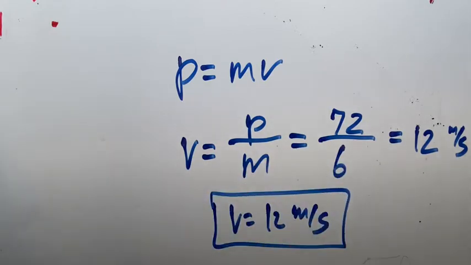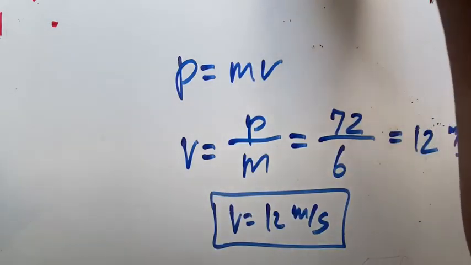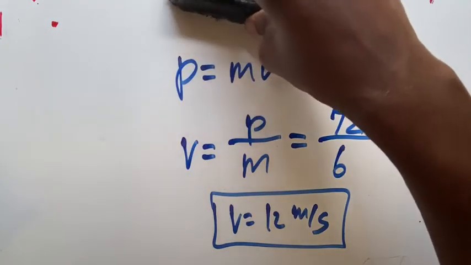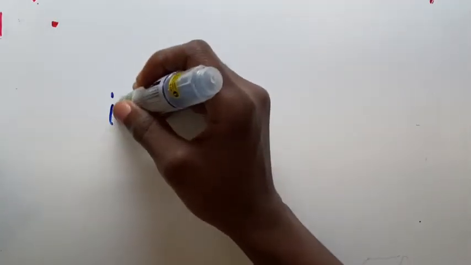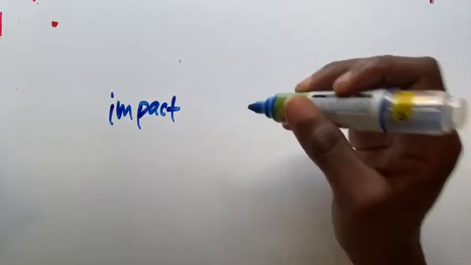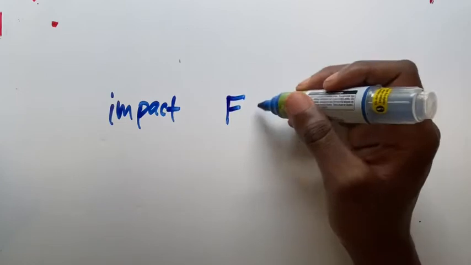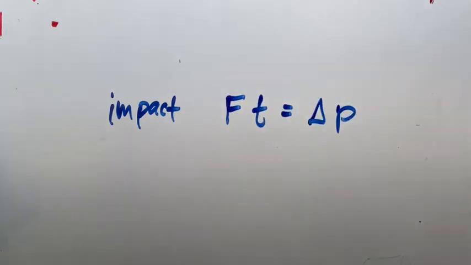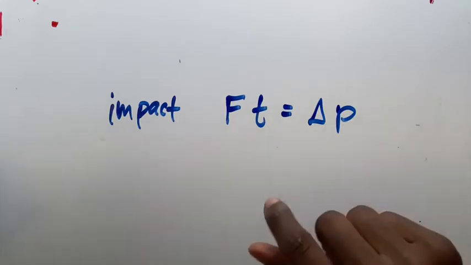Number 3 says a karate expert executes a swift blow and breaks a cement block with their bare hands. The magnitude of force on their hand is, well, this deals with impact, right? And the impact equation is given by force times time, which equals the change in momentum.